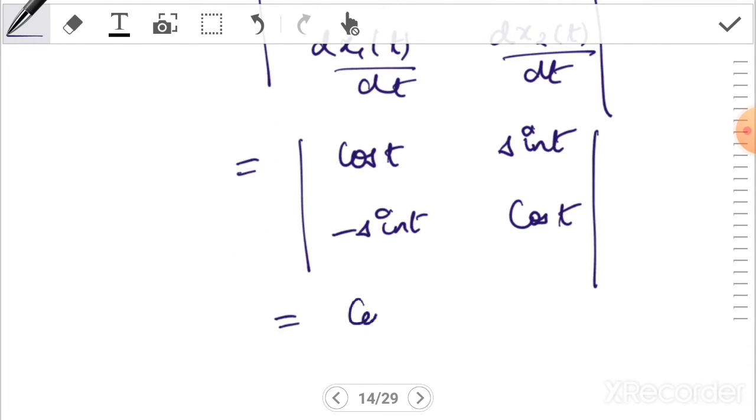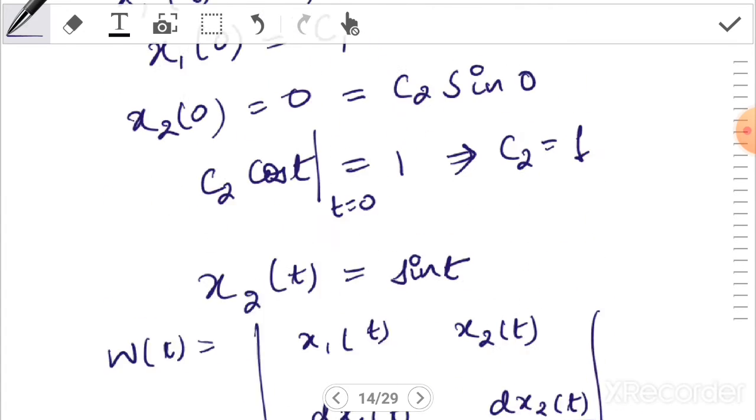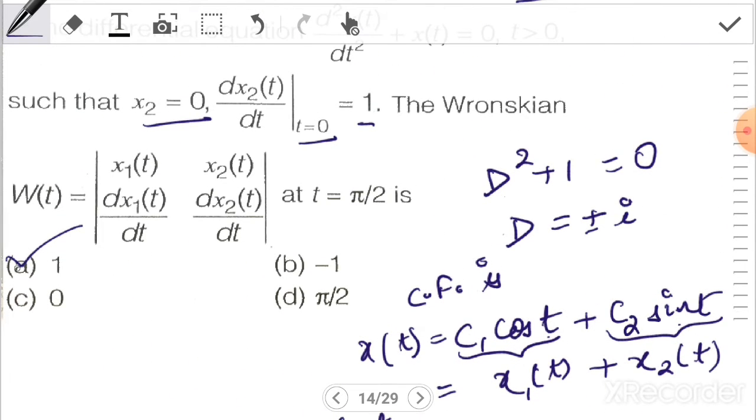So which is equal to cos square t minus minus sin square t, that is plus sin square t, which is equal to 1. So the Wronskian is equal to 1. So 1 is the right answer. Let us go to the next problem.